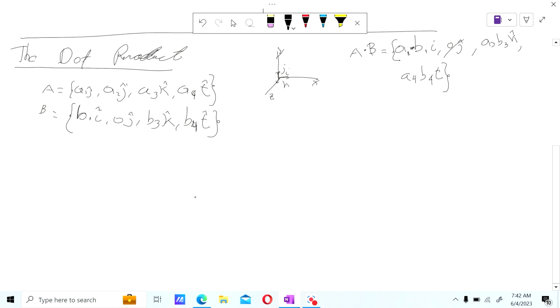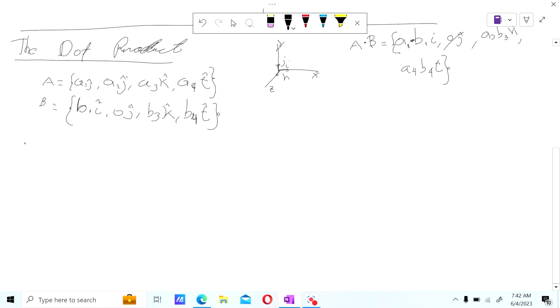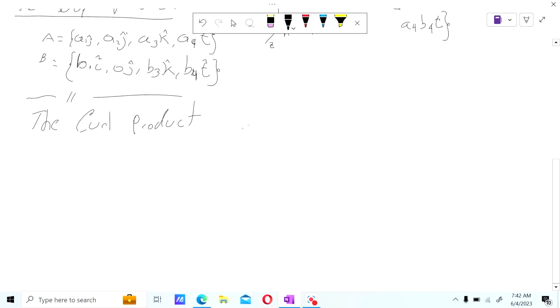Okay, now the cross product is a little more intensive. Let's do something simple. Let's do just 3D, because it gets more complicated in 4D.